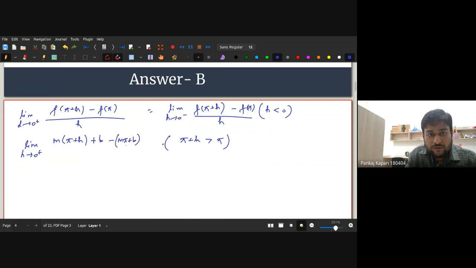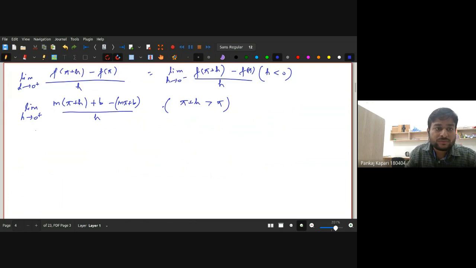Because this is the value of the function at pi, and divided by h. So we are finding this right hand limit. You can see that m pi will cancel with m pi. After all the cancellation you'll get that this limit is 1.